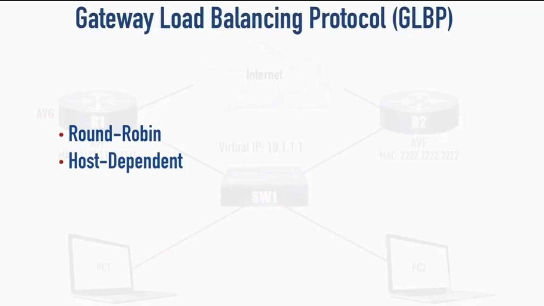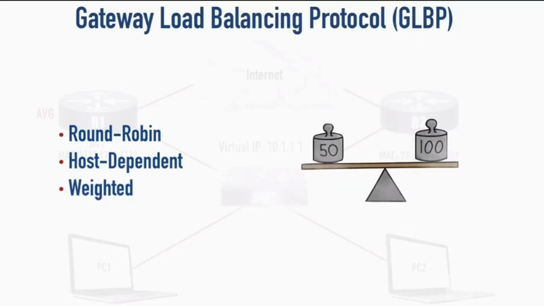Or maybe we have routers with different capabilities. We've got a very high-end router, perhaps. It's got a lot of horsepower. Maybe it's one of the newer 3rd generation ISR routers, like one of those 4000 series routers. And maybe we've got some older routers as well. Maybe we've got a 2800 series router sitting around that's not nearly as powerful. Well, what we can do is distribute the load based on the router's capabilities.